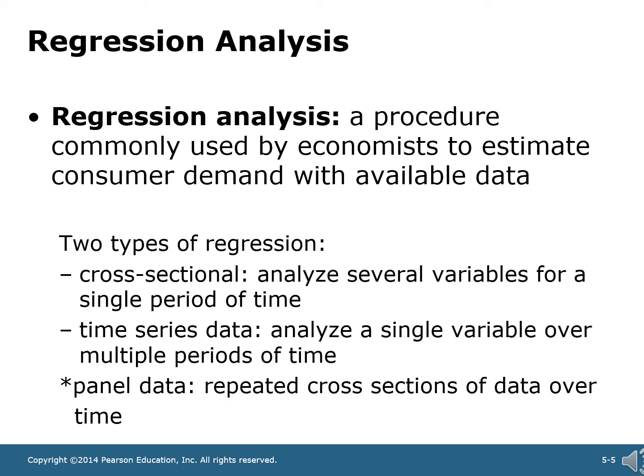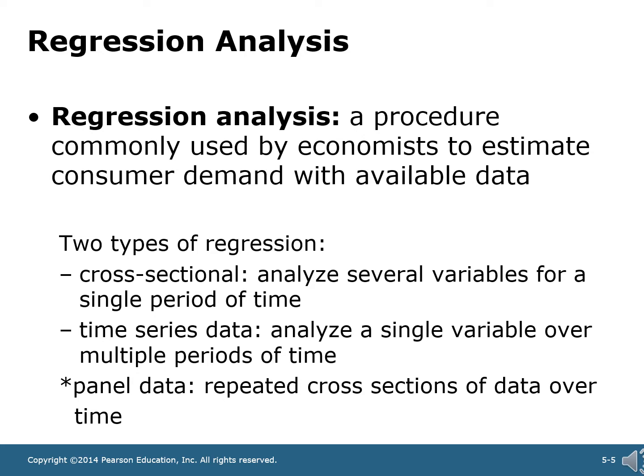Now there's 2 types of regressions. There's a third that I included only because I'm probably going to mention it in this chapter as an example, but that's not going to be something we're working with. So the 2 main types that are in this chapter and you'll be tested on are cross-sectional analyses and time series.